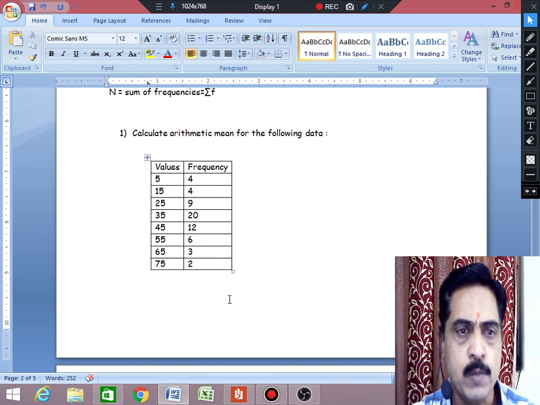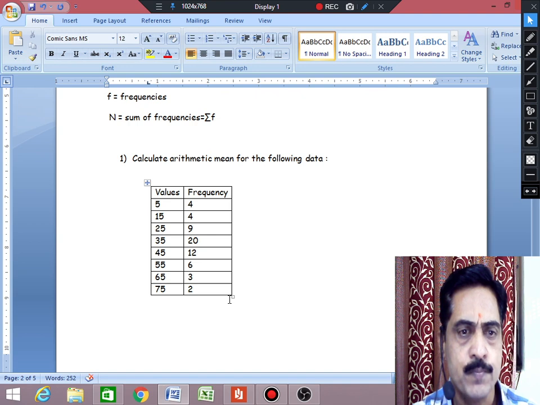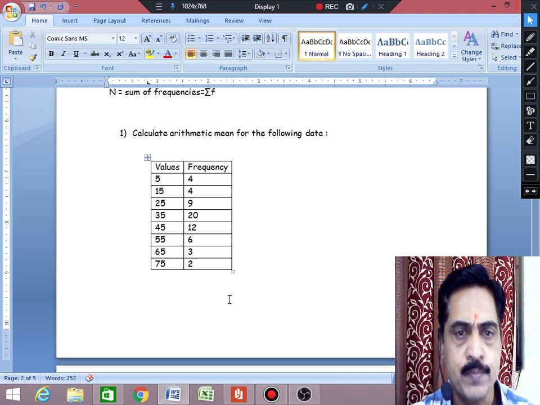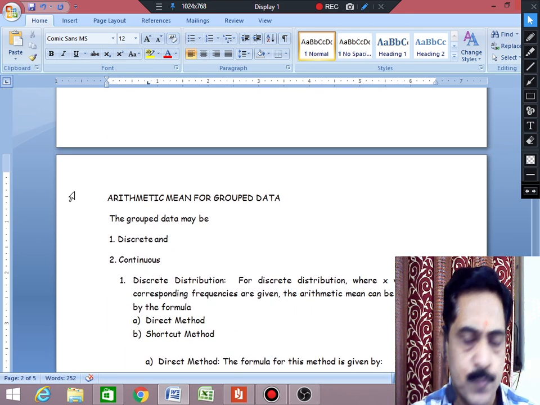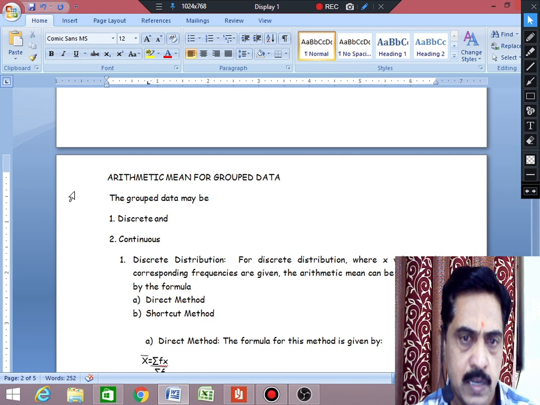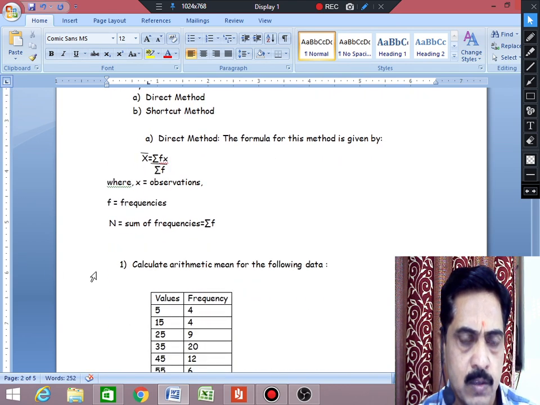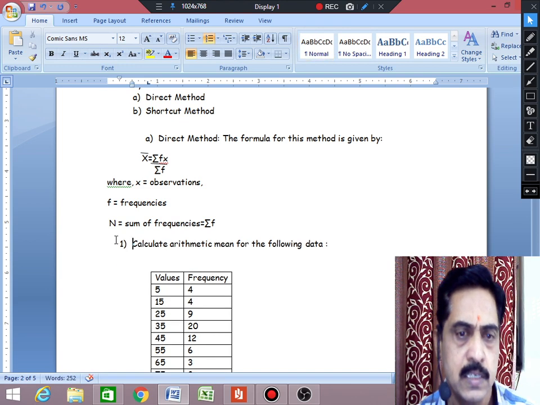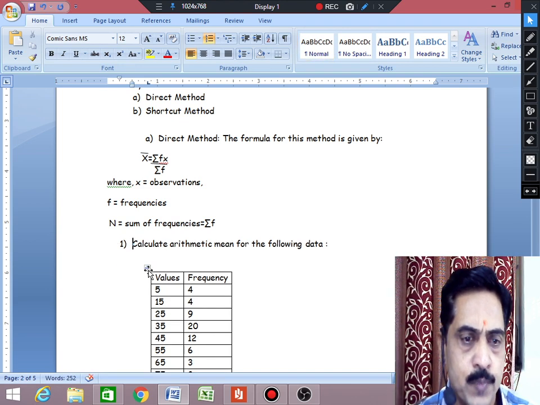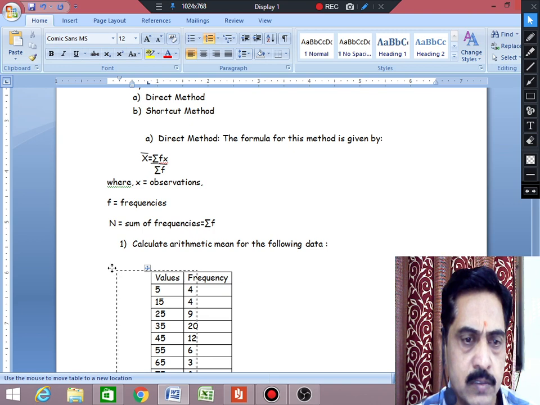So this is the problem. Calculate arithmetic mean for the following data. So here we shall see the arithmetic mean for the given data. The data is the discrete one.